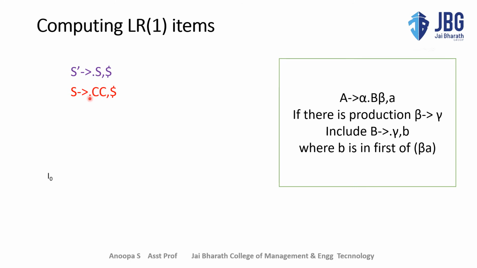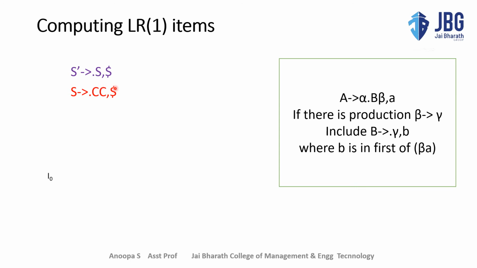We include this production because we had a dot before S. See this rule: if we have a production A giving alpha dot B beta comma a, what do you include as the look ahead? First of beta a. Here beta is epsilon and a is dollar. So first of dollar is dollar. That is why we have included dollar here.